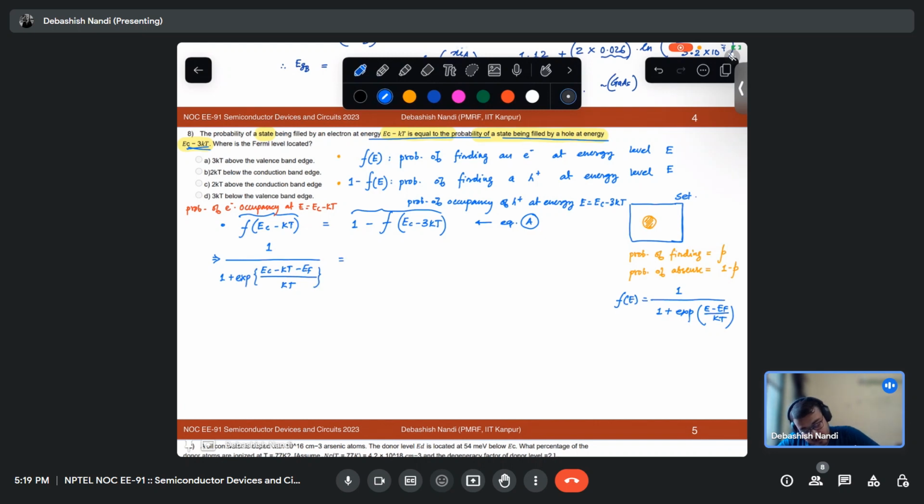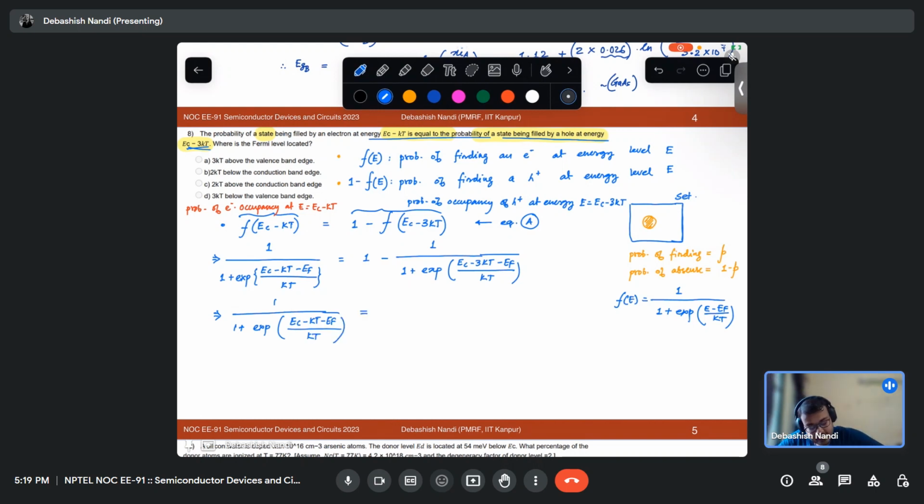Similarly, this would be 1 minus 1 over 1 plus exponential of EC minus 3KT minus EF over KT.